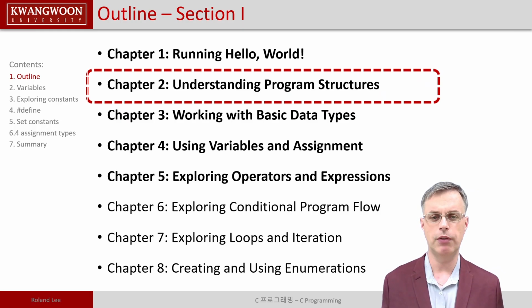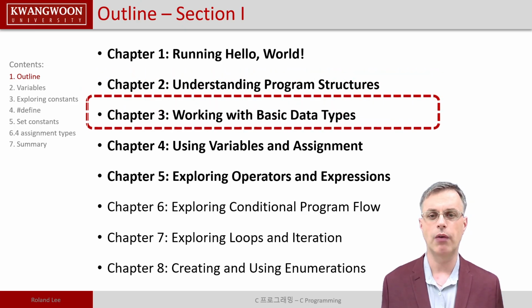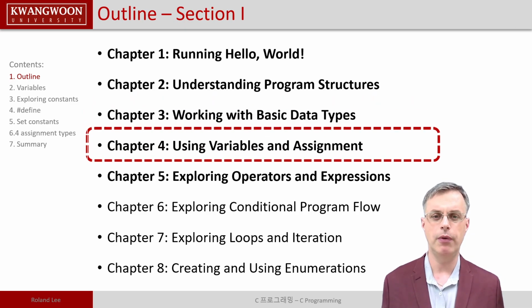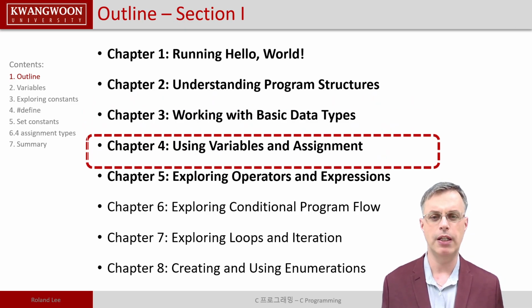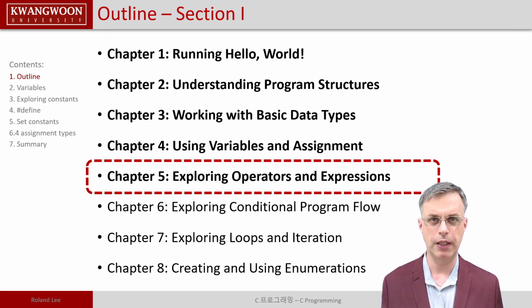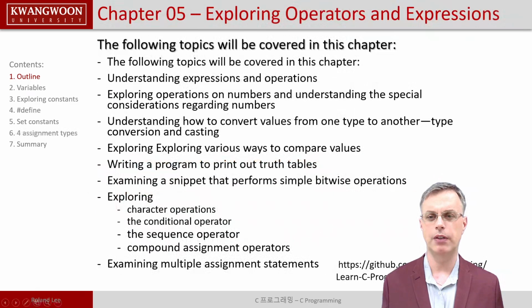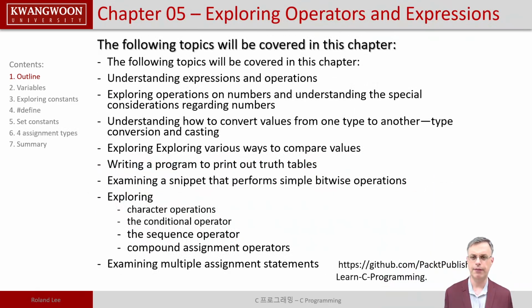We continued with chapter 3, working with basic data types, and then chapter 4, using variables and assignments, and now we are here exploring operators and expressions. So let's jump in to our topic and see in detail what we will handle this time.